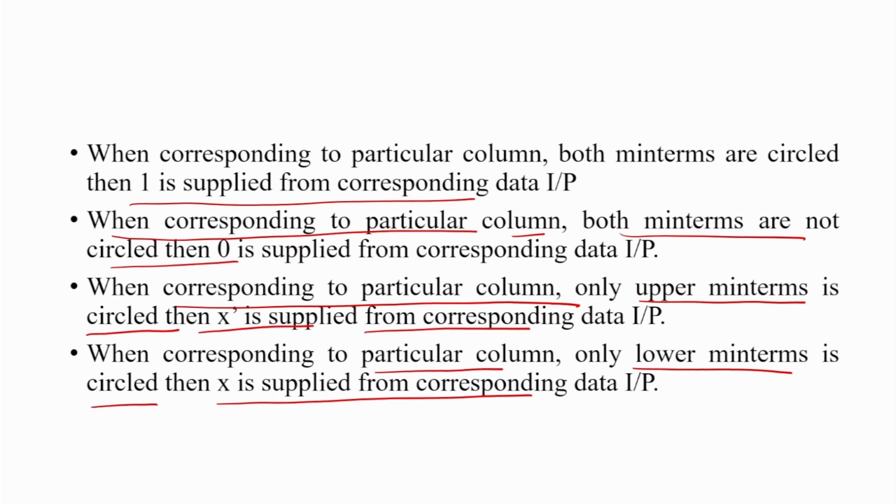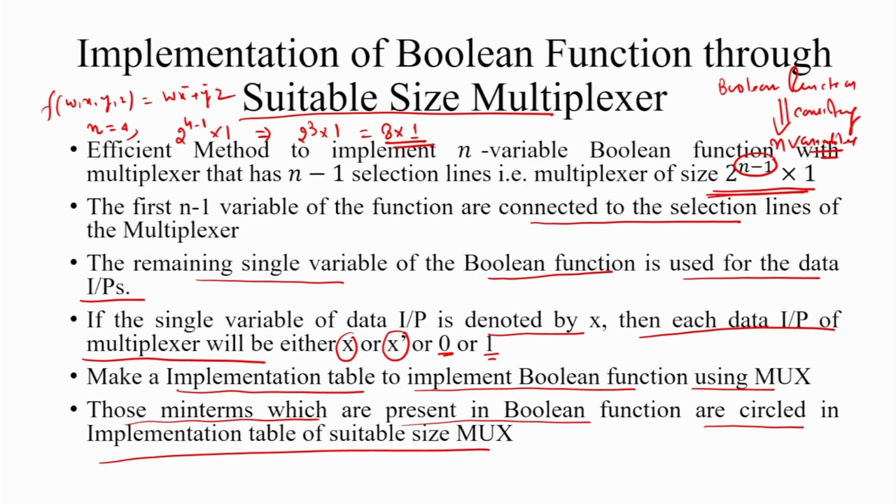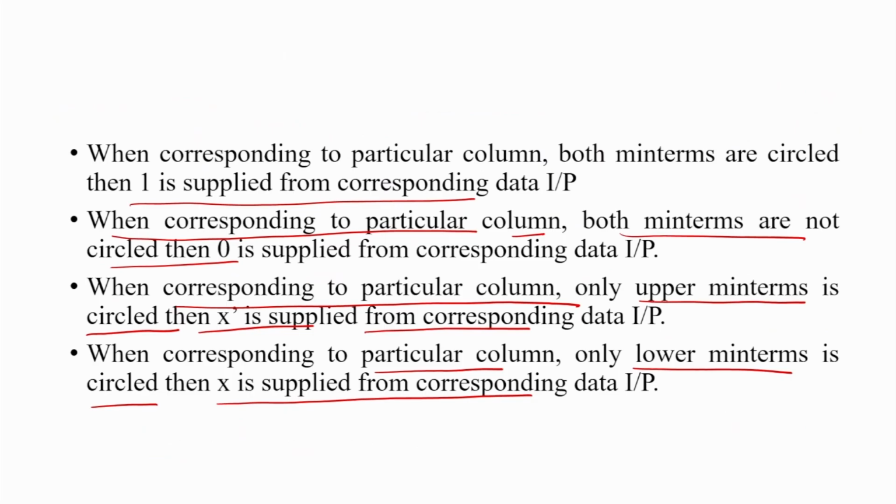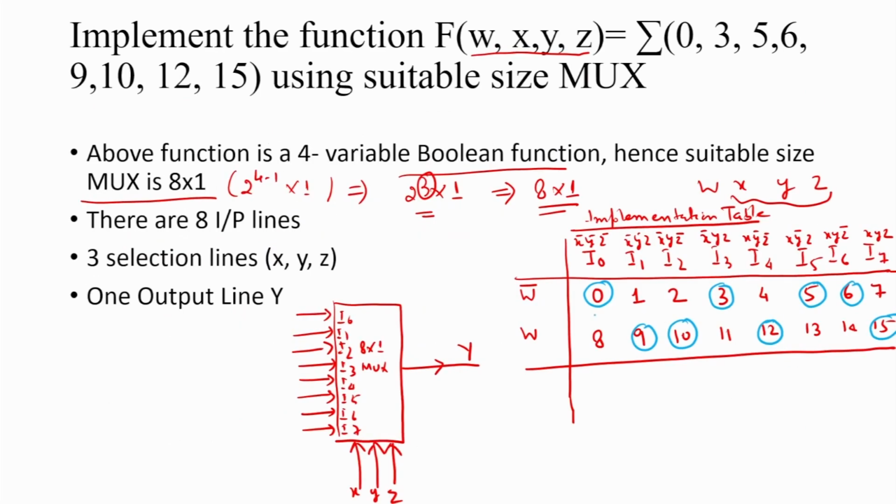Here in place of x we write w. This means that when the upper is circled, w complement goes from I0. When we see the row w complement and input column I0, only 0 is circled, not 8, so we write w complement.